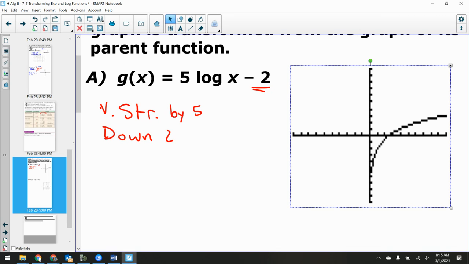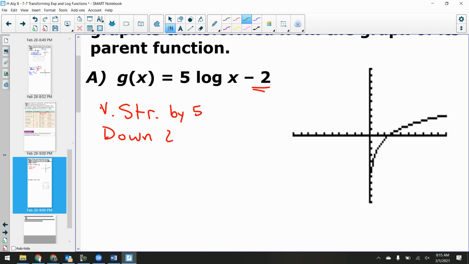The asymptote for a logarithm was at x equals 0. Does it transform away from the axis, in this case, for this particular one? No. It didn't. Look, the asymptote is still there. I didn't move it at all.